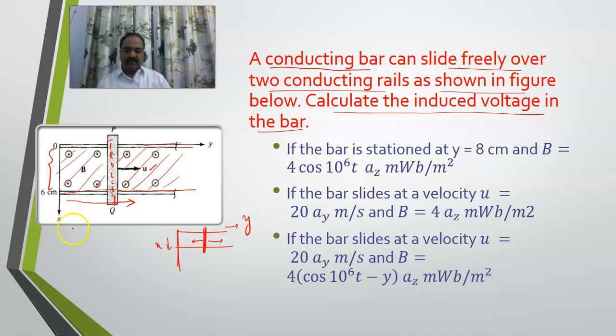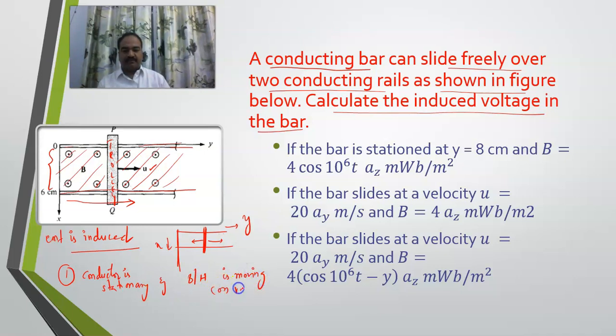We have seen in the last week that EMF can be induced in the conductor in three cases, right? One, the conductor is stationary, and B or H, whatever we call it, is varying with respect to time or space.